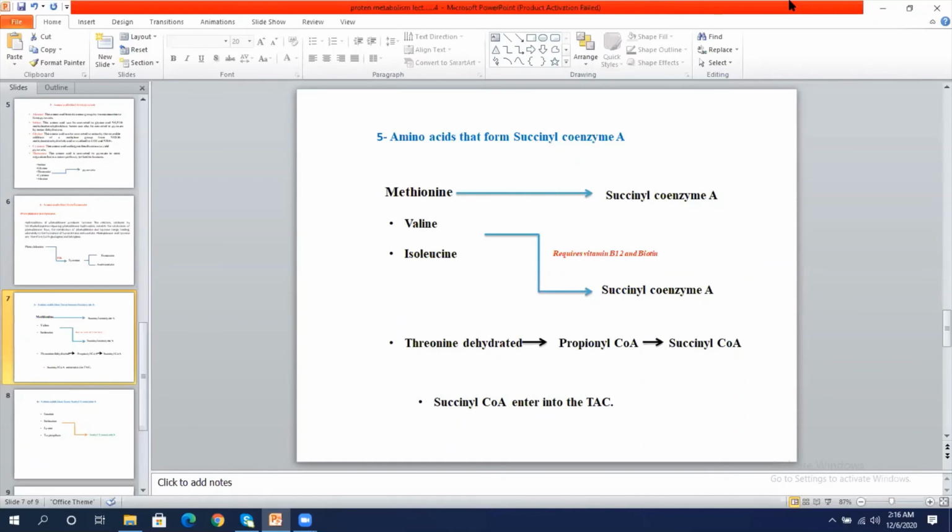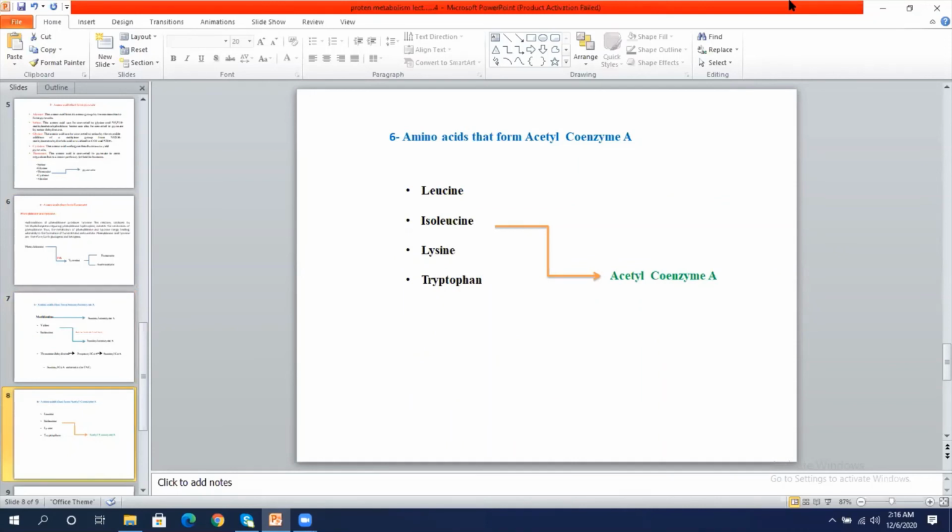For valine and isoleucine, vitamin B12 and biotin are required as coenzymes, and they are converted into succinyl coenzyme A, and succinyl coenzyme A finally enters into the tricarboxylic acid cycle.